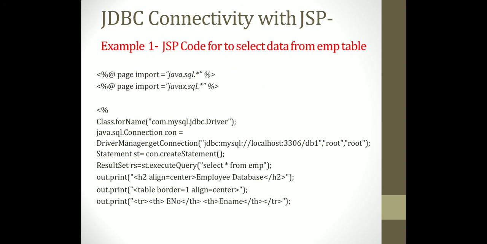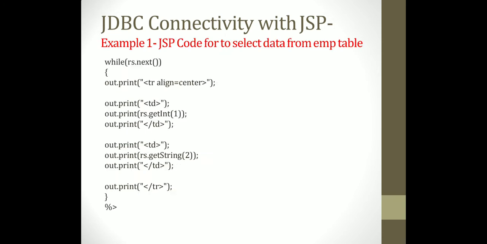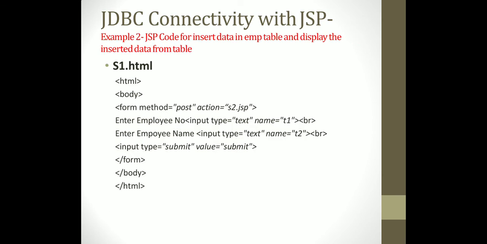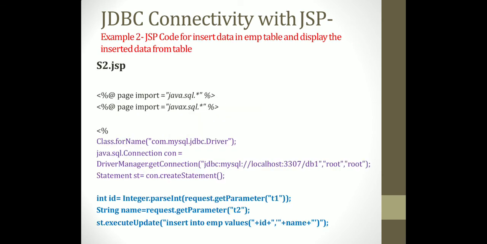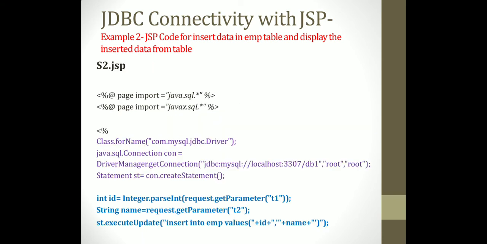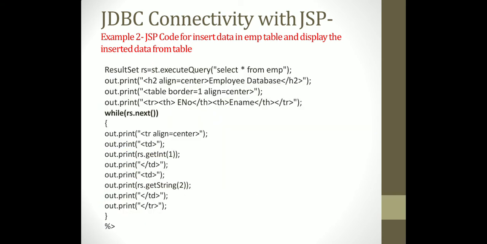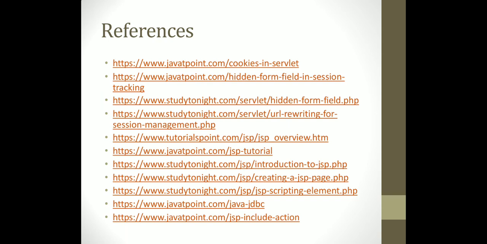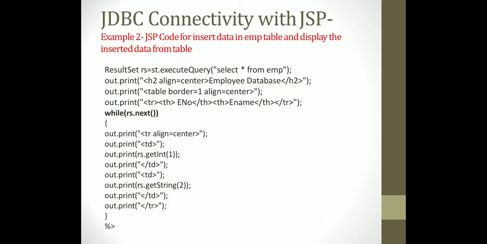The example we have seen is a JSP code to select data from a table. With that we used another example for inserting data in the employee table and displaying that inserted data from the table. With that second example we have revised our unit 3 contents.